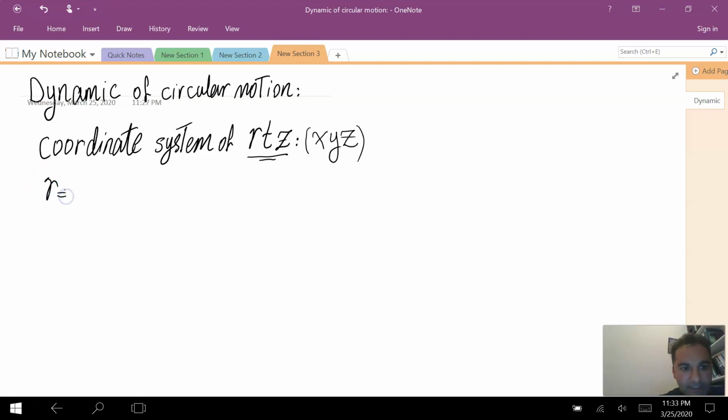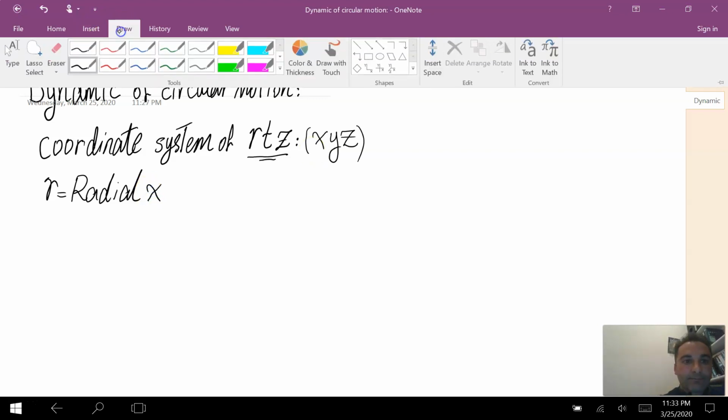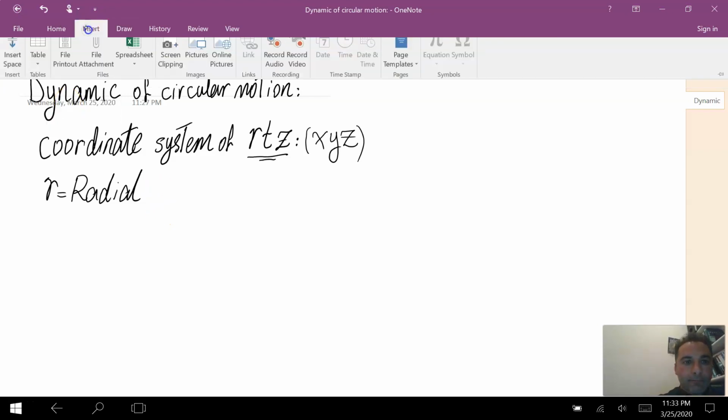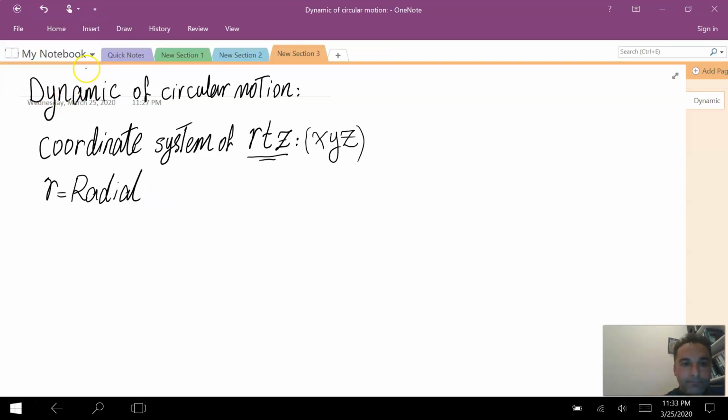R means radial. As we have the x-axis, we do have the r-axis, which is called the radial axis.